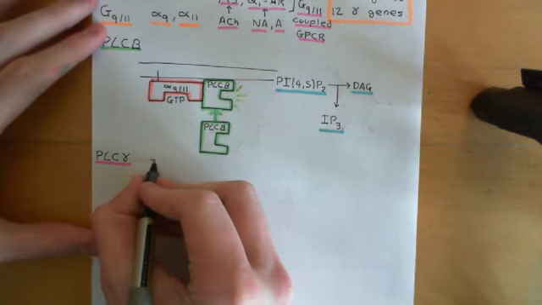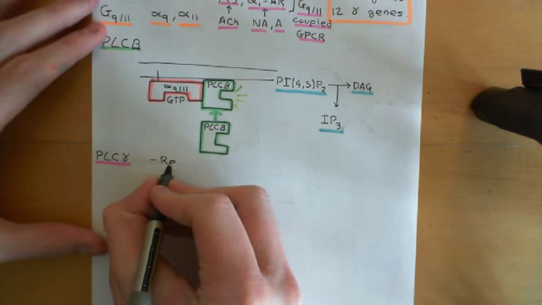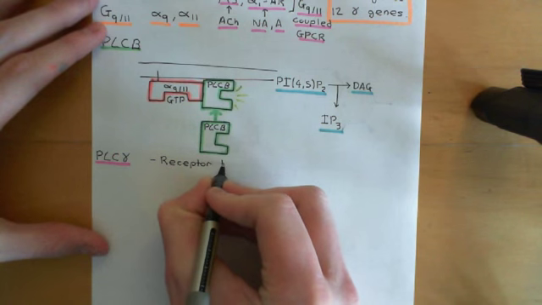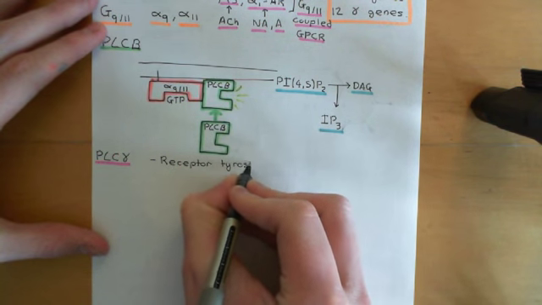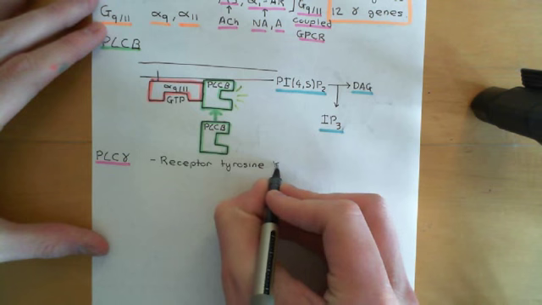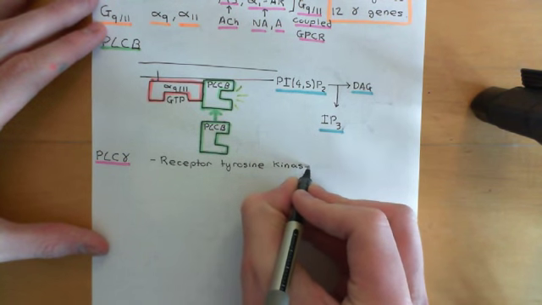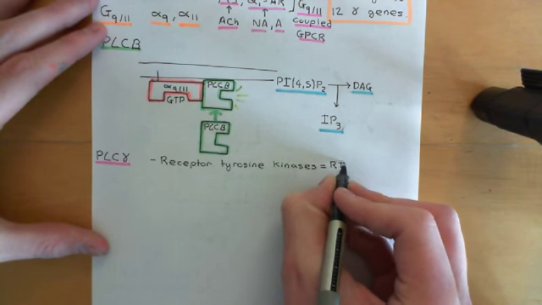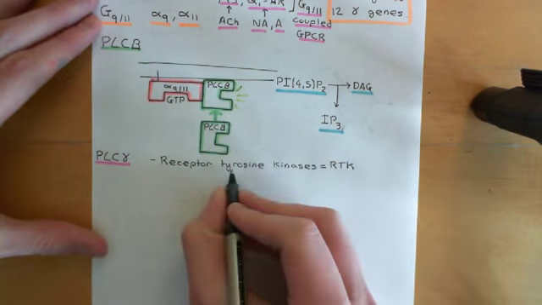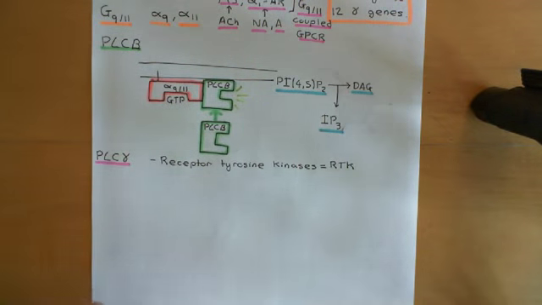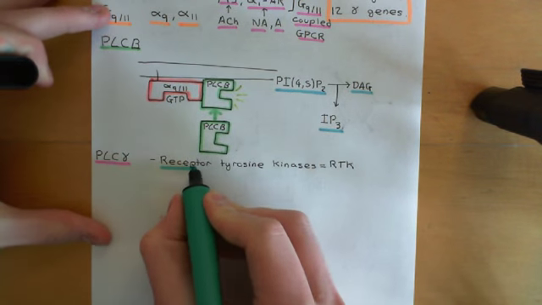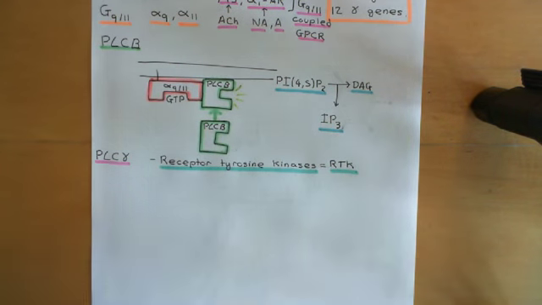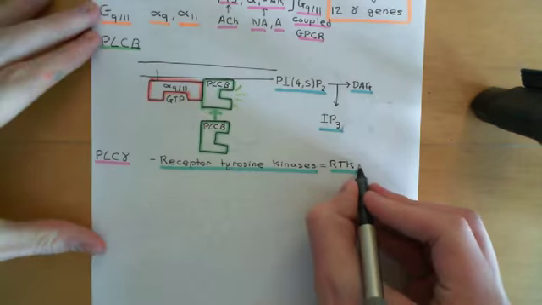So firstly, let me talk a little bit about receptor tyrosine kinases like I did for G protein coupled receptors. Receptor tyrosine kinases, which I previously abbreviated down to RTKs, are basically receptors in the plasma membrane which have an inbuilt tyrosine kinase enzyme, an enzyme that is capable of phosphorylating tyrosine residues, adding phosphate groups onto tyrosine residues.